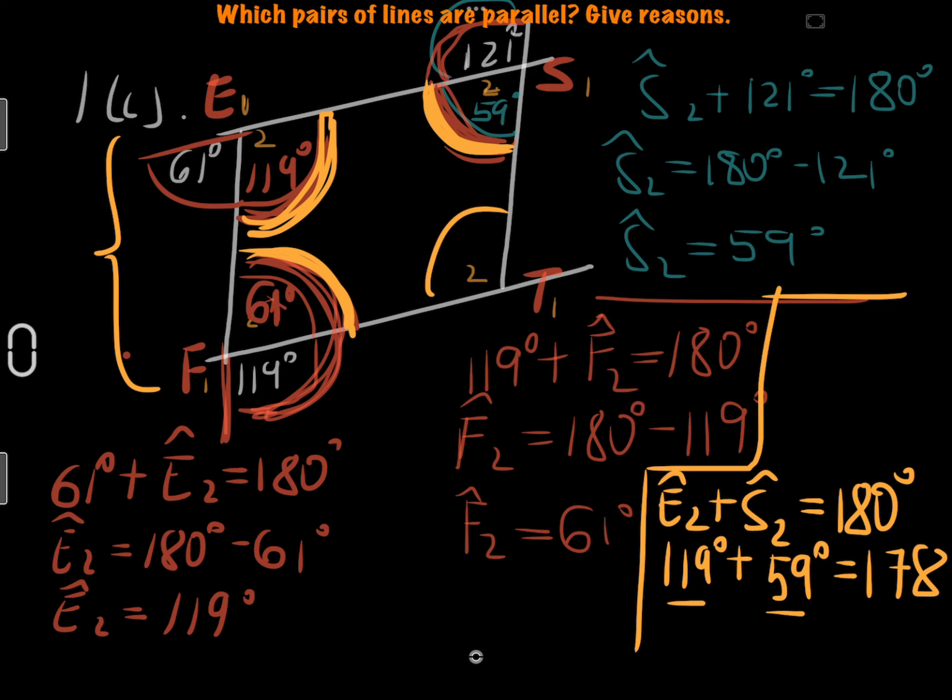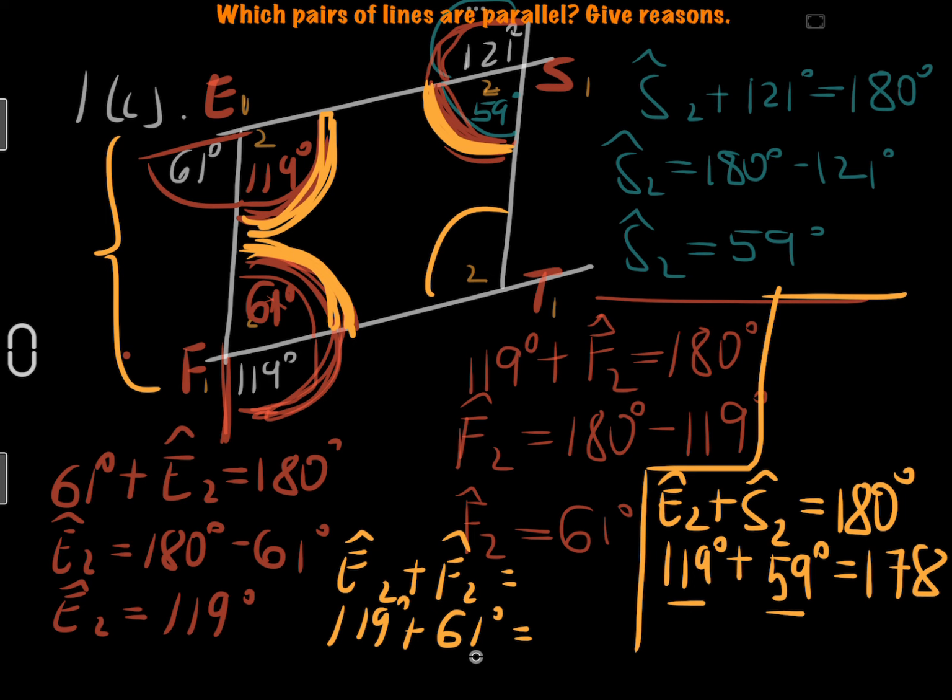So let's add angle E2 and angle F2. Let's see how much they give us. We have 119 degrees plus 61 degrees. 119 plus 61 gives us 180 degrees. So the sum of those angles gives us 180 degrees.